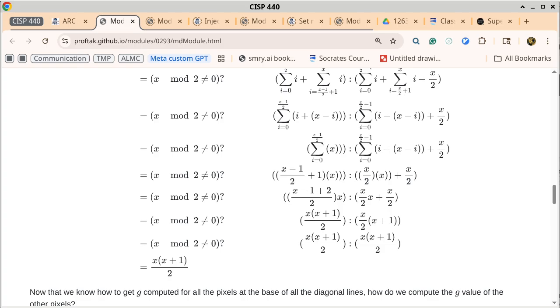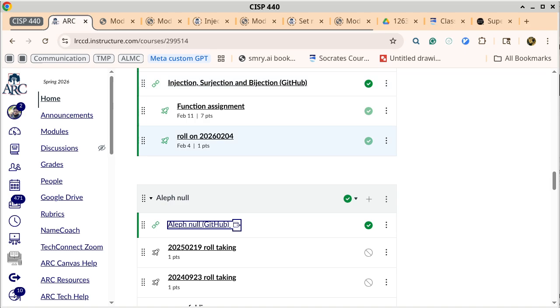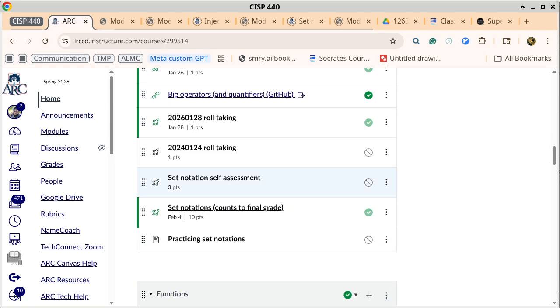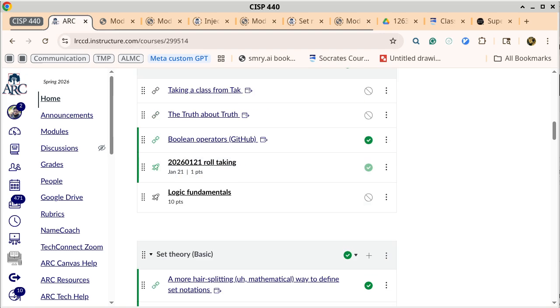Since this is not in a particular class, well, I shouldn't say that, but because this is not an in-person class, I can't really ask whether people understand the sigma notation or not. So if you have a question about the sigma notation, then I suggest that you go back to this note here and go to the big operator notes, which is up when we talk about sets.